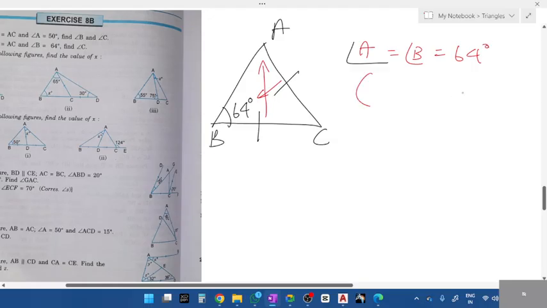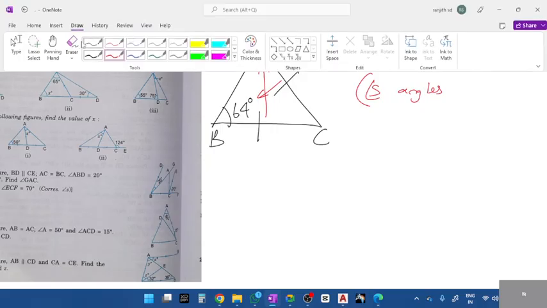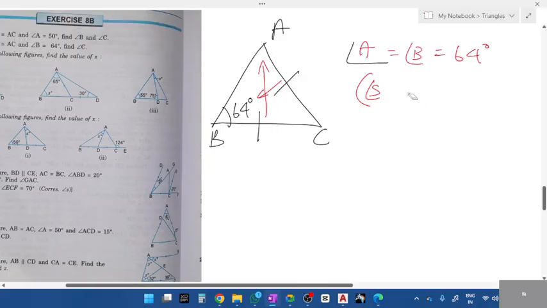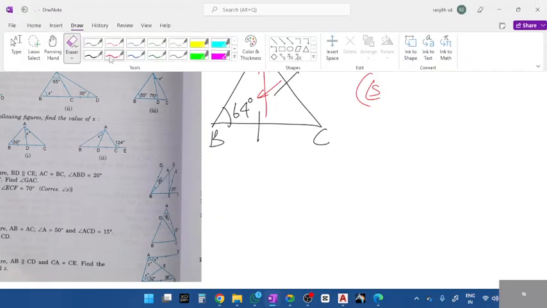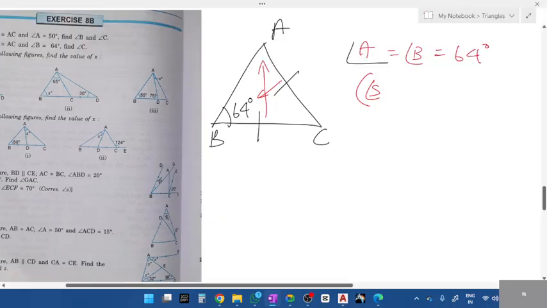Same reason. Angles opposite to equal sides are equal. So this is how you're supposed to write. Just draw opposite lines, students. Opposite lines will give you an idea. 64 and 64.